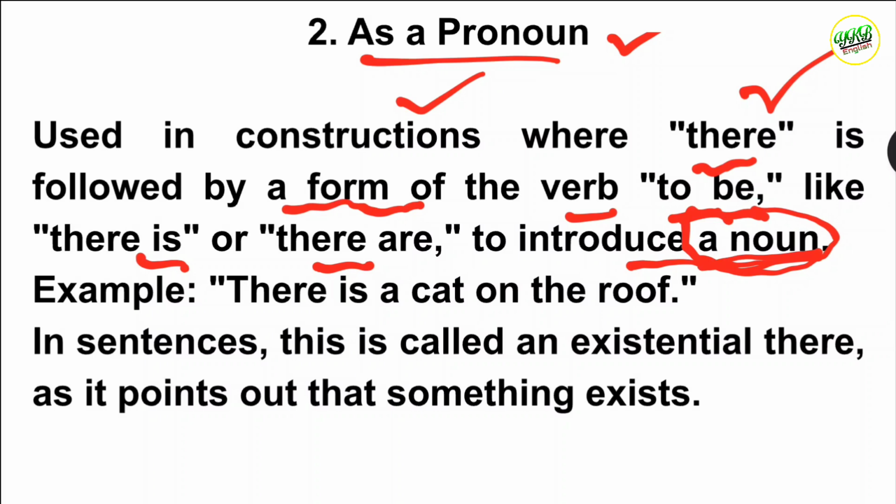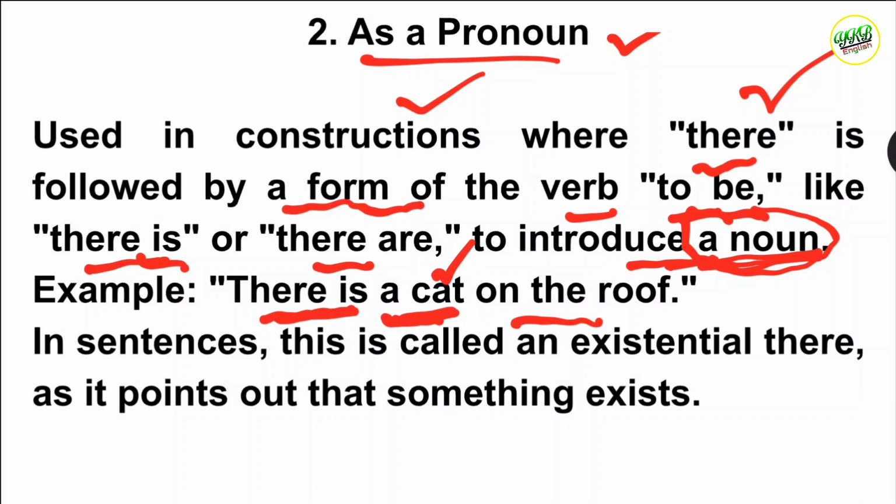For example, there is a cat on the roof. So the to-be form here is "is", and it introduces a noun. The noun here is cat. So as an introduction of a noun, we can use "there".